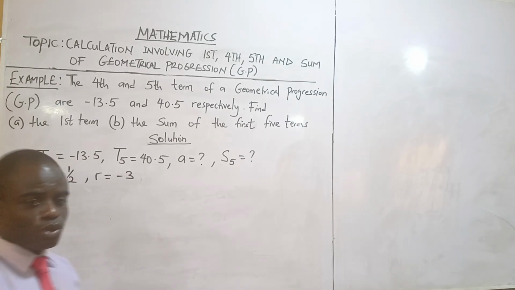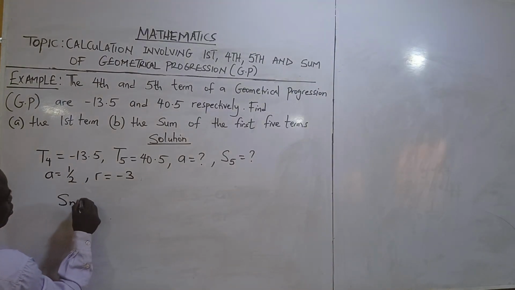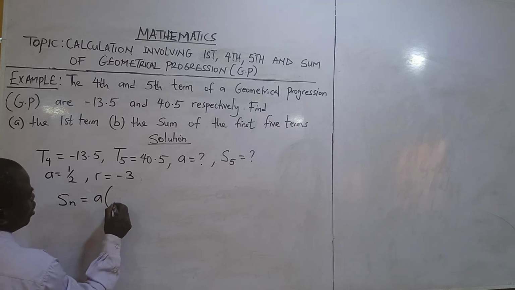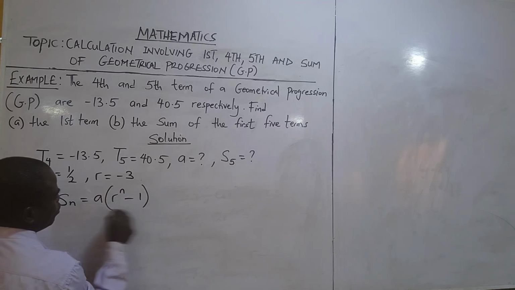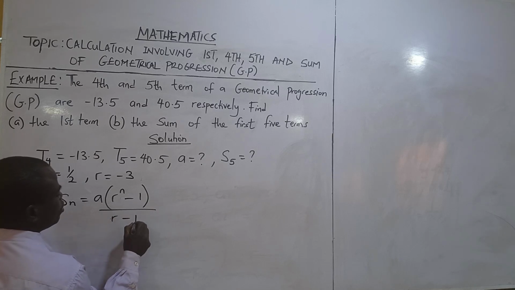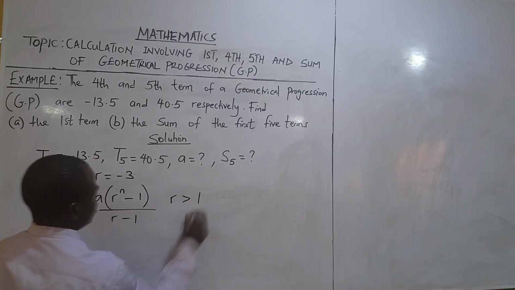The first one is sum equals a into bracket r raised to power n minus 1 over r minus 1, the condition being when the common ratio is greater than 1.